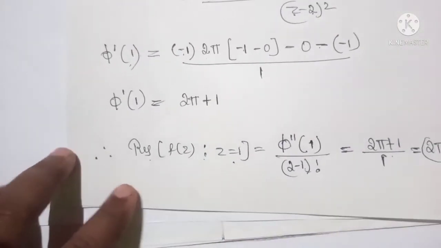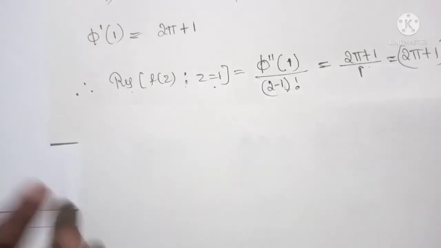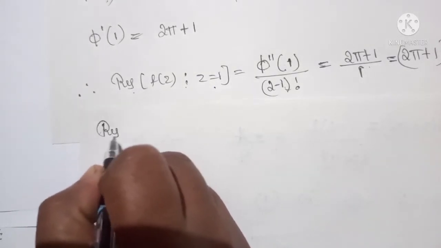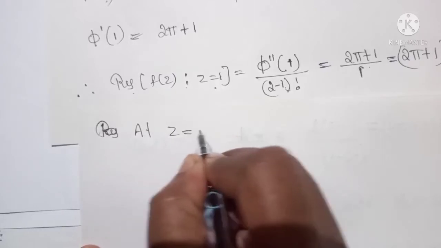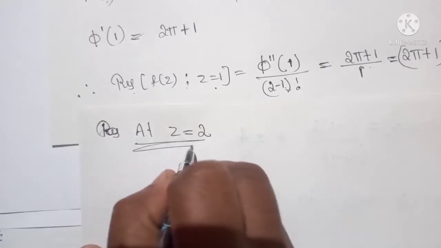So next we find the residue at z equals 2.